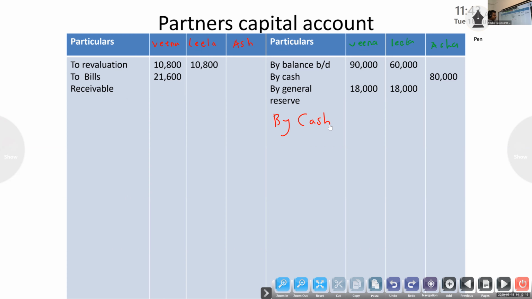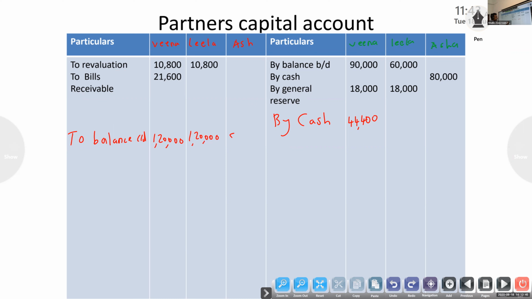By cash, 44,400. Understood? So the entry is that she has to bring. Before writing, we can already write the balance c/d for everyone. The new partner's capital should be the balance c/d.